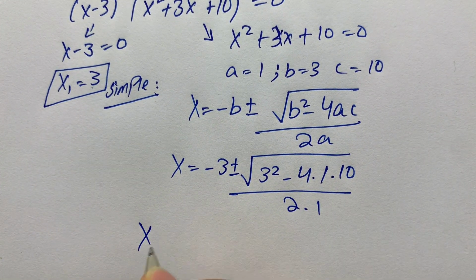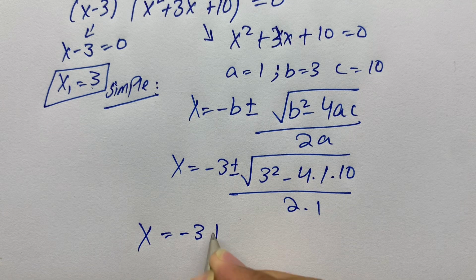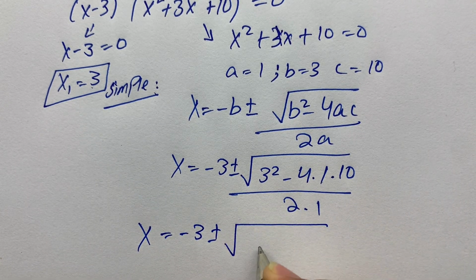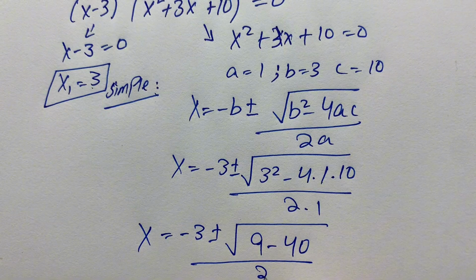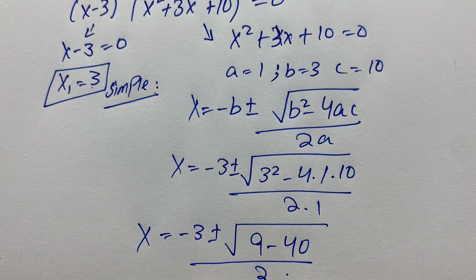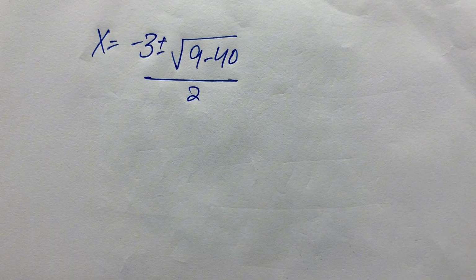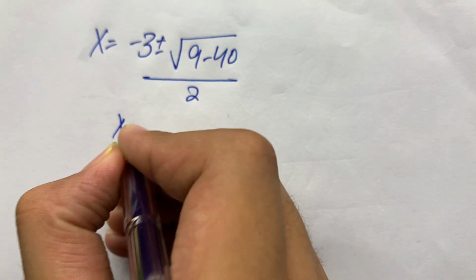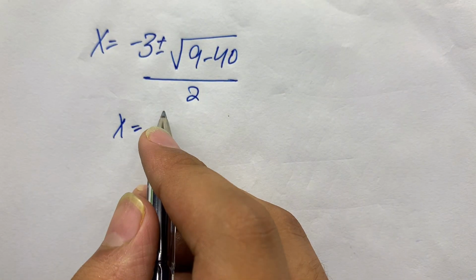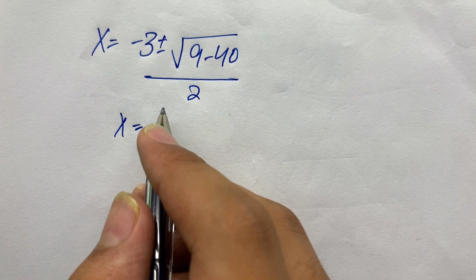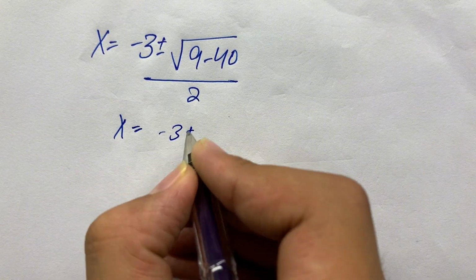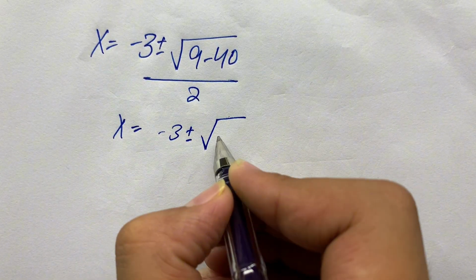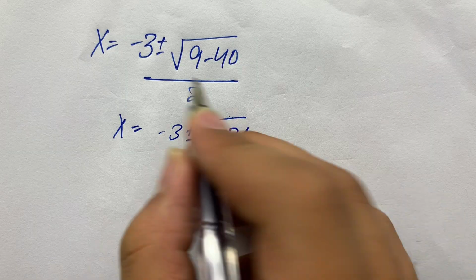So x is equal to minus 3 plus minus the root of 9 minus 40, divided by 2. So this will be x is equal to minus 3 plus minus under the root minus 31.